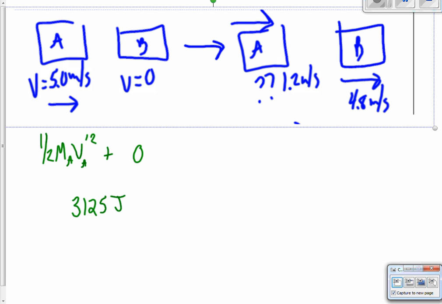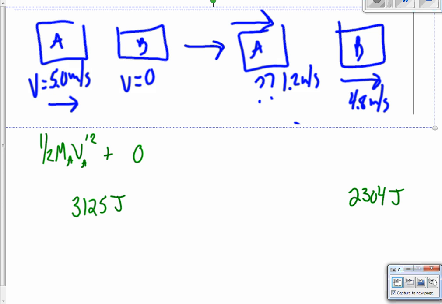After the collision, we have two cars, so we have to add them together. Remember, energy isn't a vector, so it doesn't matter which way they're going. So we have 0.5 times 200 times 4.8 squared, which is 2304. So this guy has 2300 or so joules.